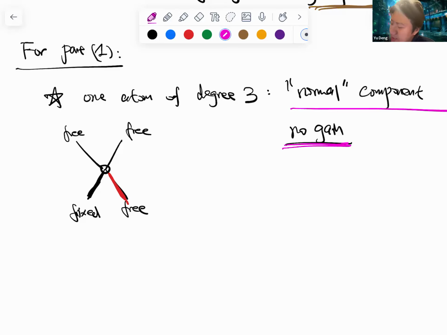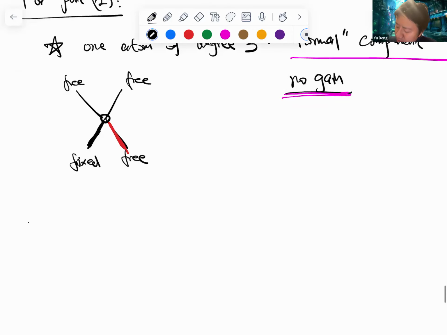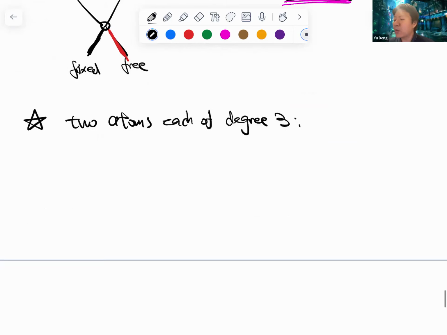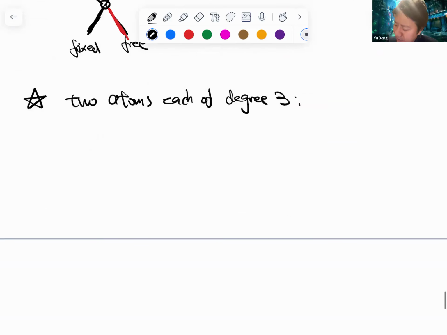However, there is a case of two atoms each of degree 3. And this is the main thing that we are extracting. Let's say we have two atoms like this. Okay, so let's say we have two fixed ends. This is fixed. This is fixed.